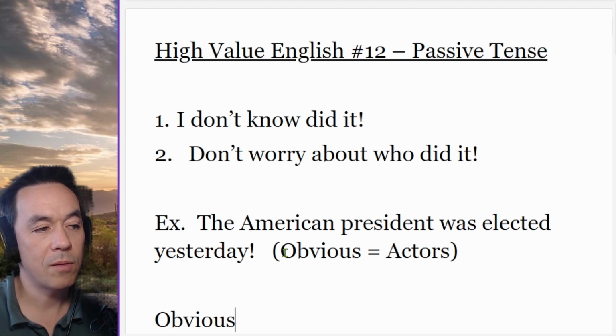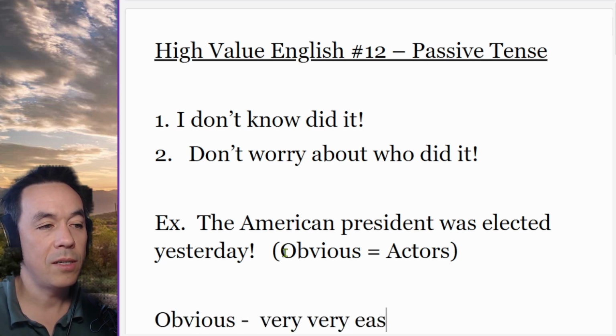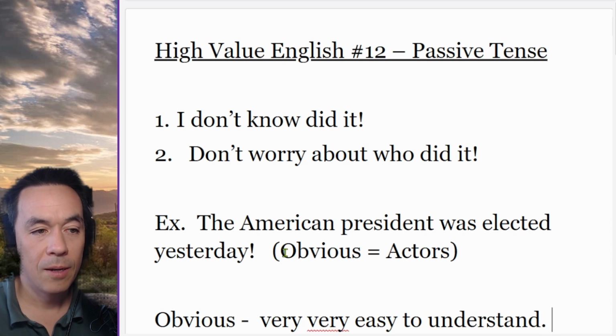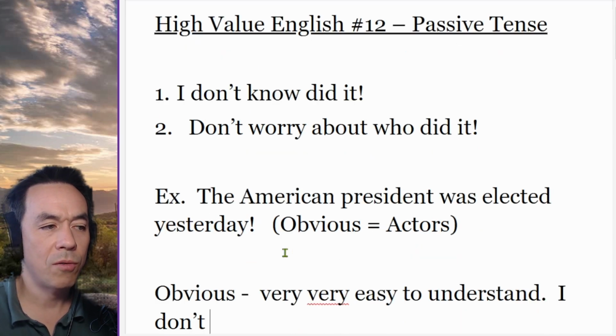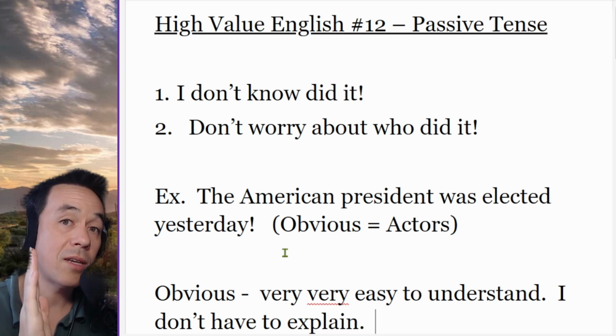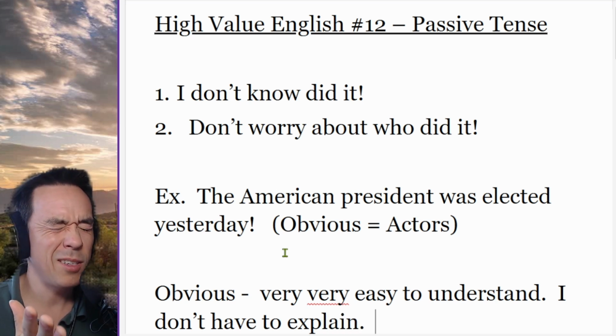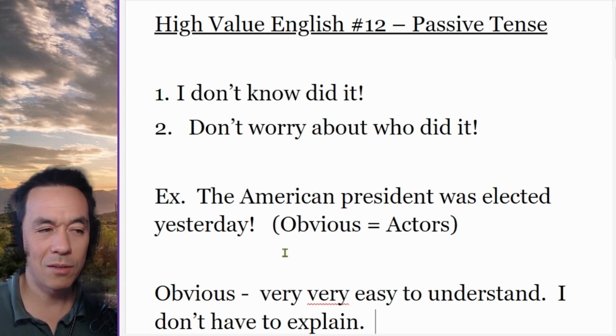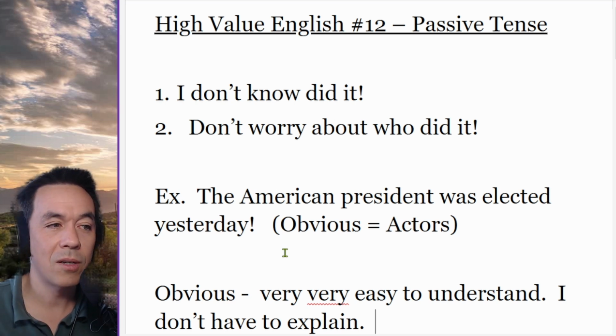Obvious means it's very, very easy to understand. Or I don't have to explain, right? So if I say this, immediately you understand. I don't have to tell you. So it's obvious who elected, who did the vote.